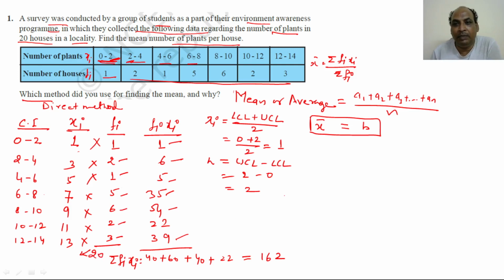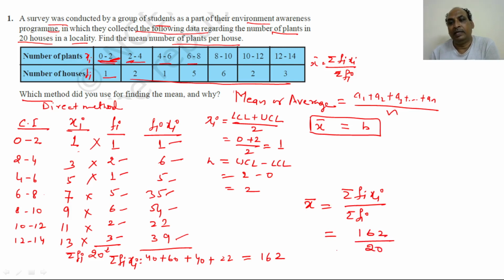Now the mean will be sigma fi xi divided by sigma fi. So sigma fi xi is 162, divided by sigma fi, which is 20.